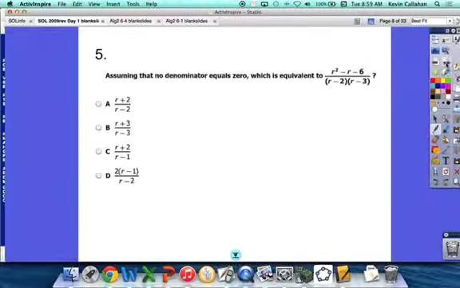X squared minus 6. So I'm getting that it should be 4.503 you're looking for.